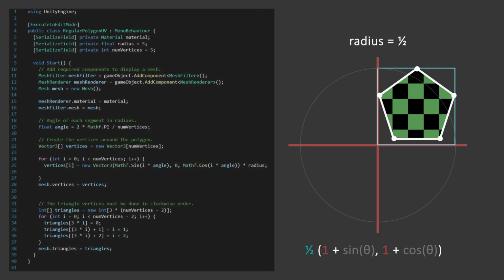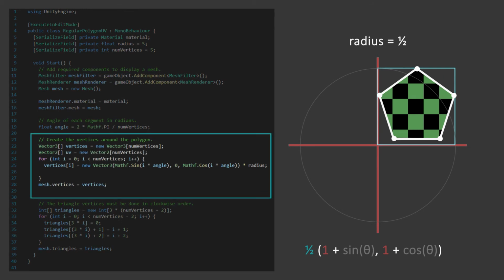Here is the full code from the last episode. As we've discovered, we create the UV coordinates in a similar manner to the vertices, so we're going to add the code into the same for loop. We need a new Vector2 array large enough to hold the UV mapping for each vertex. To create the UV coordinates, we just need to plug in the function we've defined on the right there. 1 plus sine theta for the x coordinate, and 1 plus cos theta for the y coordinate.